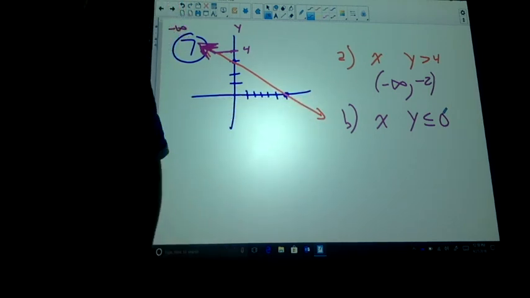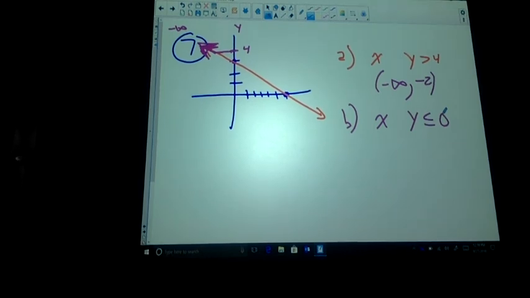So where does our red line appear to be below the blue axis? Where does it start going below the axis? What point is this? 6. And then it's equal to it, so I guess I could make a square bracket here.